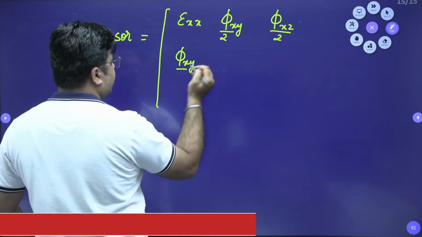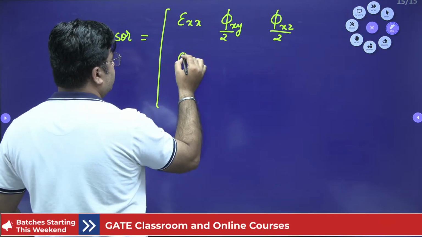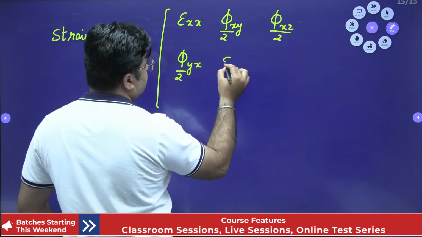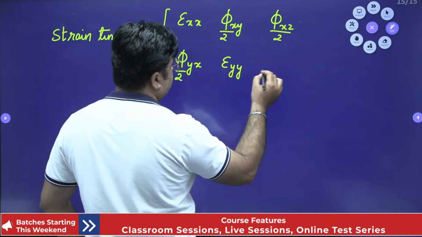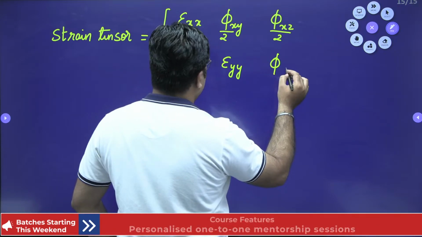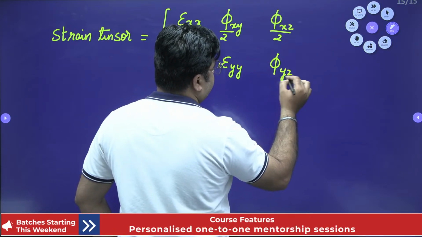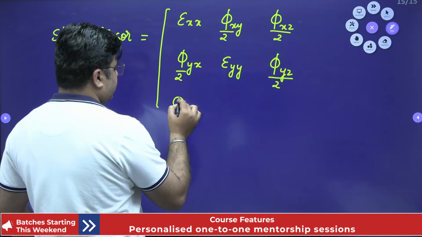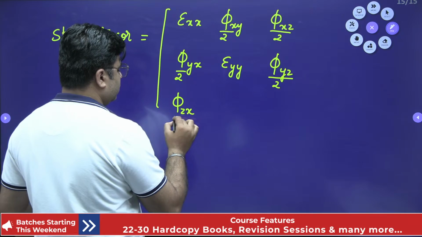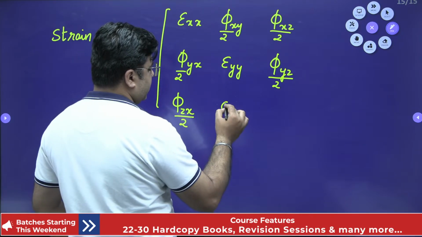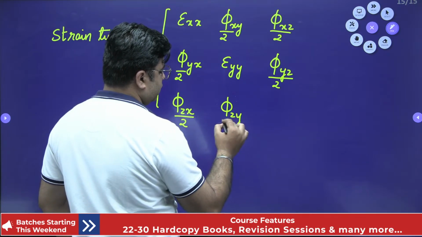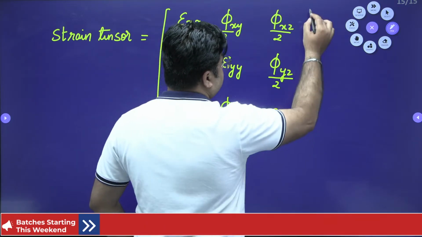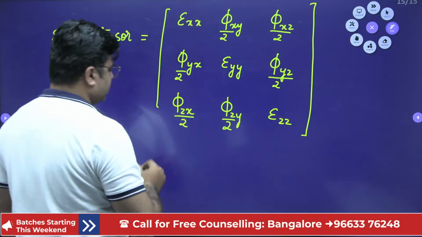Then epsilon yy, then phi yz by 2. Then you have phi zx by 2, phi zy by 2 and you have epsilon zz. So this is your strain tensor, right?